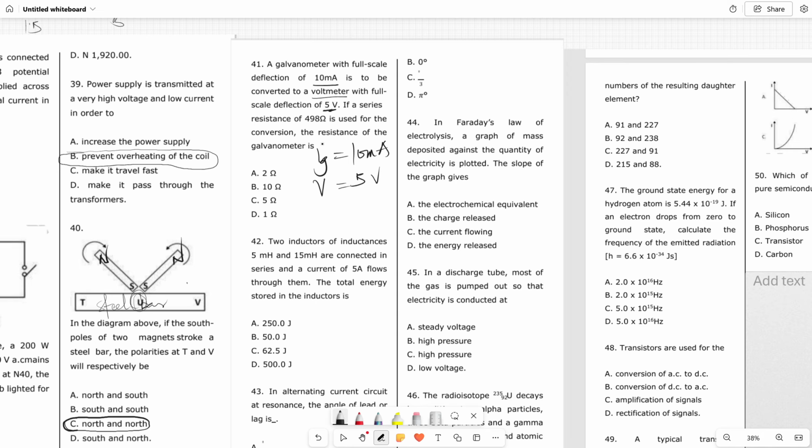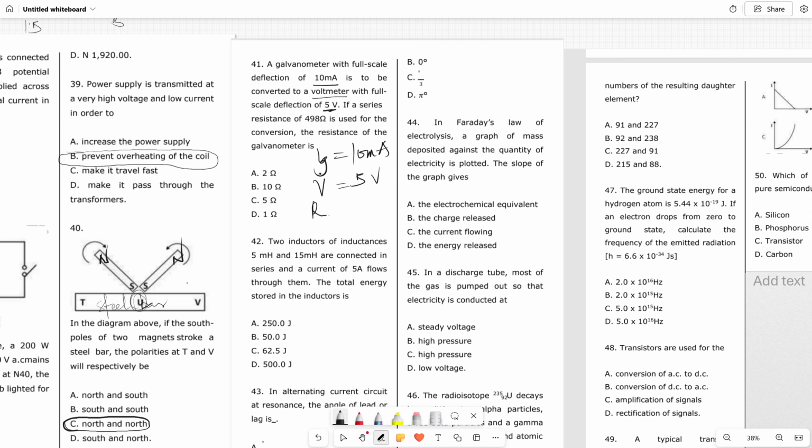If a series resistor of 498 ohms is used for the conversion, so a series resistance is connected. So that means the resistance that is connected in series, you need to know the area of this question.